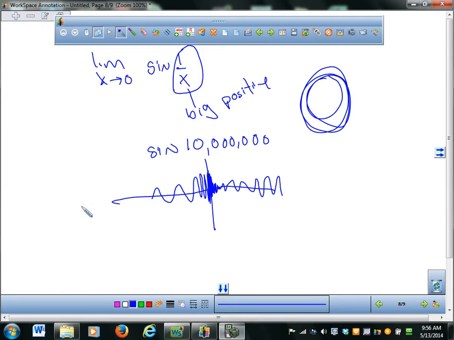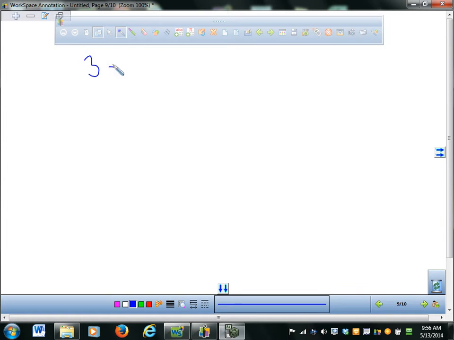So that's 3 cases in which you have no limits. 3 cases where the limit does not exist.